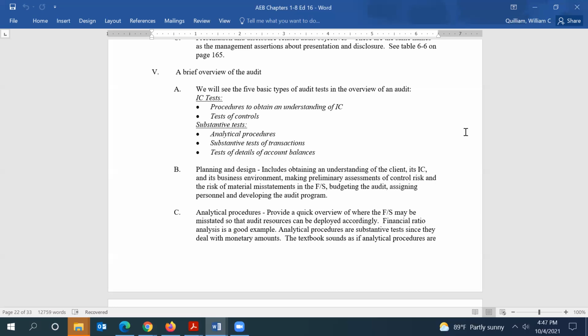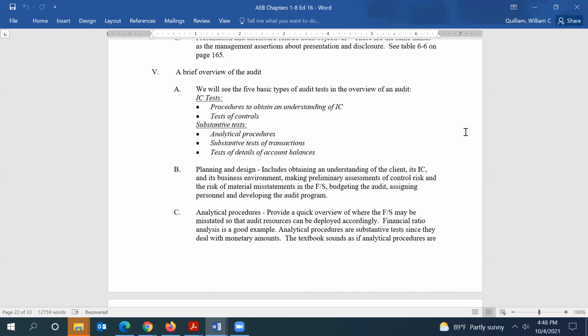Well, then, substantive tests of transactions, substantiating the dollar amount of one individual transaction at a time. And then tests of details of account balances, where we're substantiating the ending balances of real accounts, balance sheet accounts, in other words. A really good example of this would be if we are checking up on accounts receivable and we send the client's customers a special statement of their account called a confirmation.